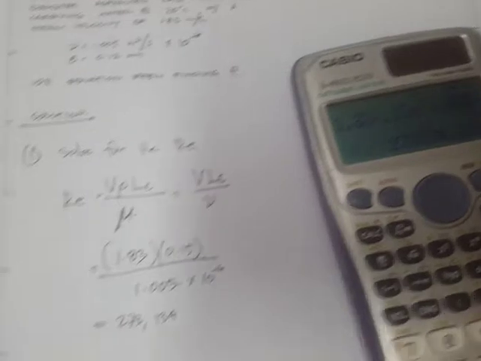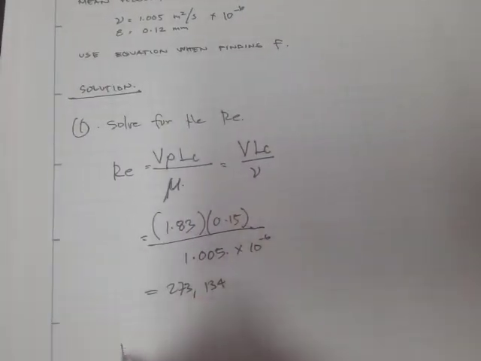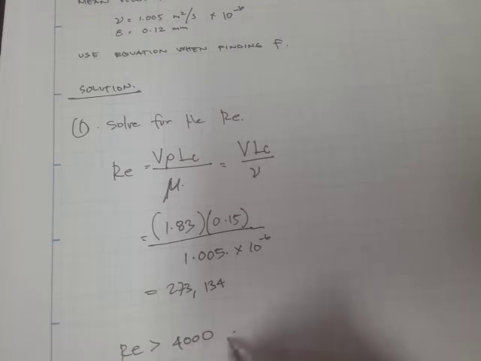Okay, and if we compare this, the Reynolds number is greater than 4,000. So therefore, flow is turbulent.